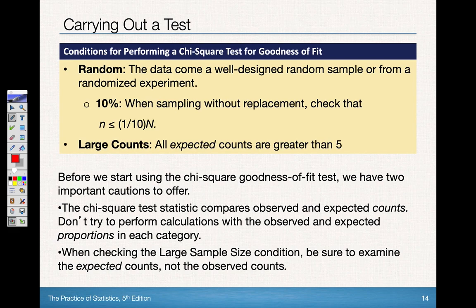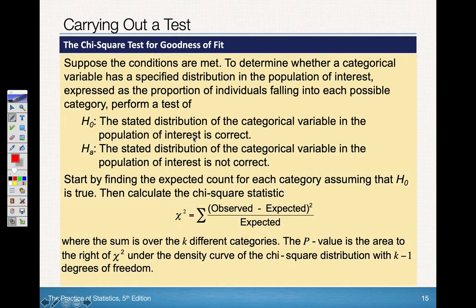You have to turn that into how many expected candies would be blue. So when checking the large sample size condition, be sure to examine the expected counts, not the observed counts. Make sure you're checking that expected counts are greater than 5, not observed counts.